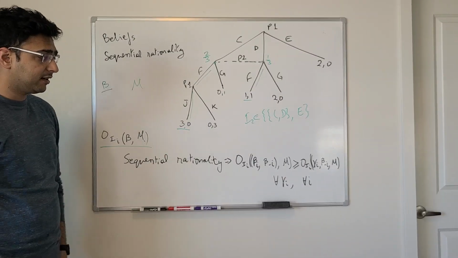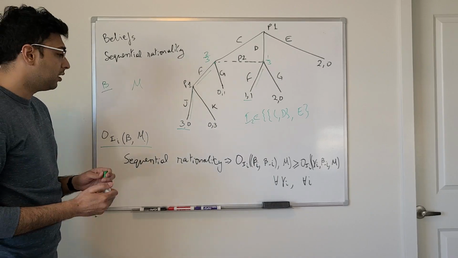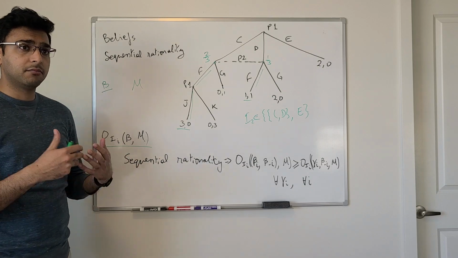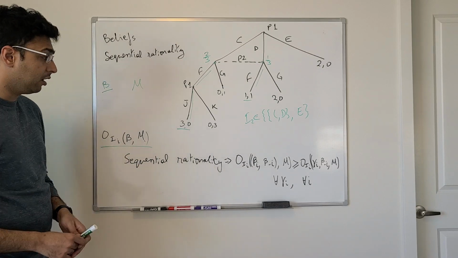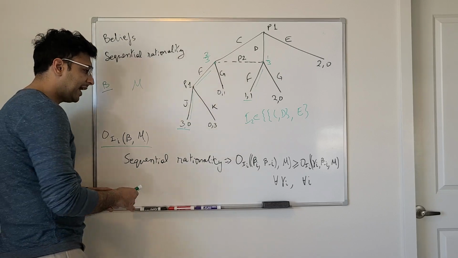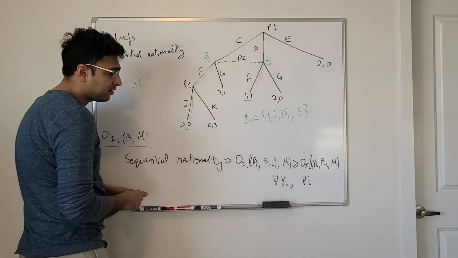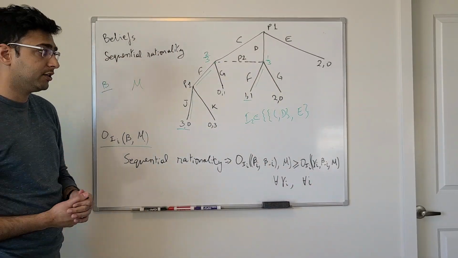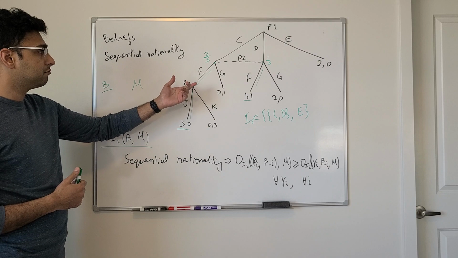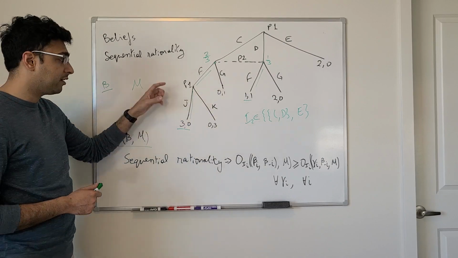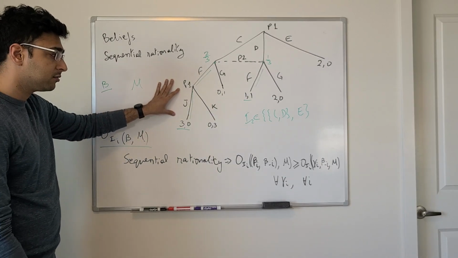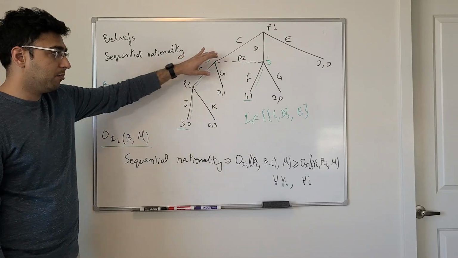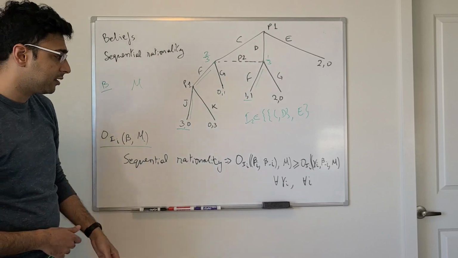And what sequential rationality says is that players' behavioral strategies are sequentially rational if, as player i, I can do no better than choosing beta i as my behavioral strategy. So playing as player 1, I should be able to do no better than playing J if we start from I, and as player 2, I should be able to do no better than F. Right?